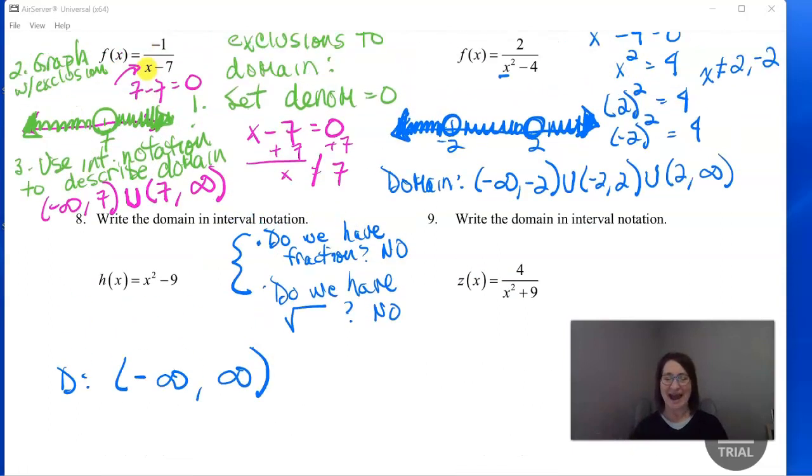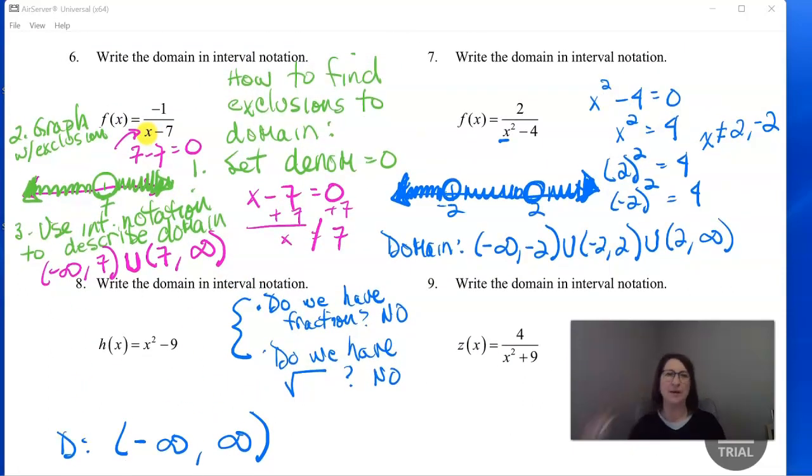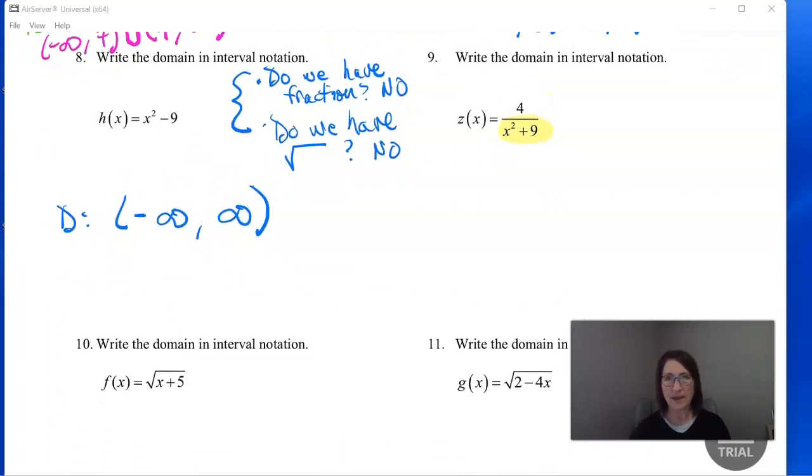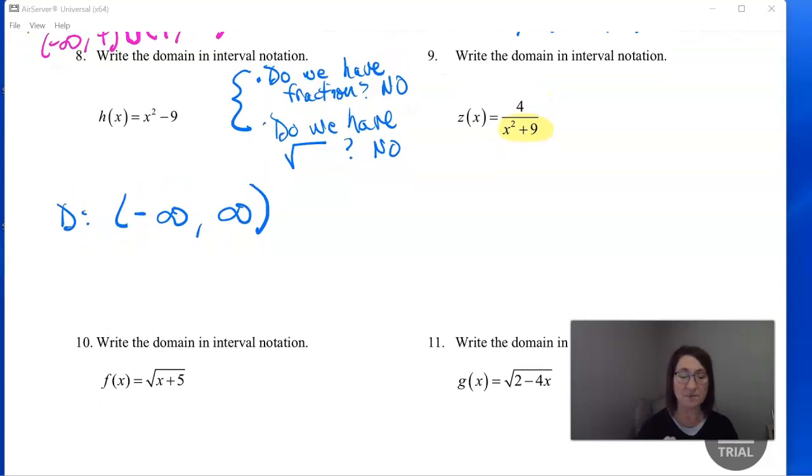So number 9 looks a lot like number 7. Okay, we see that we have a variable in the denominator. Let's go ahead and start the way we started before. So I'm going to take x squared plus 9, set it equal to 0.